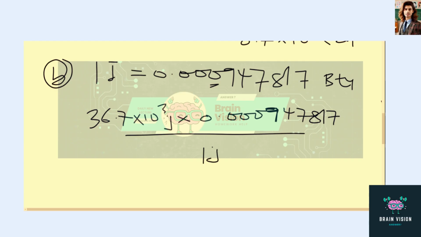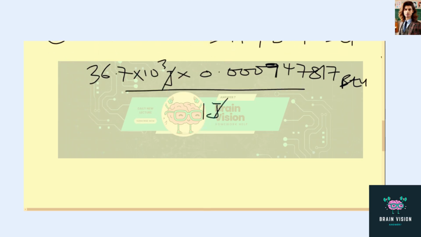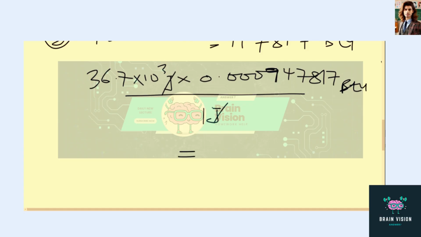Remember, there's joule here, then we have our BTU here. So this joule cancels this joule, and when we multiply, finally, this gives us 34.75 British thermal unit. So this is our answer.